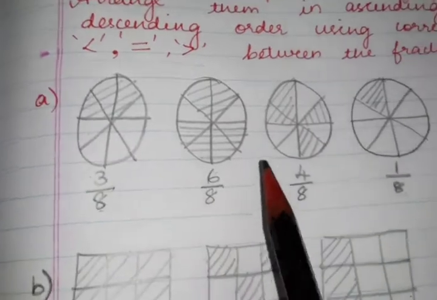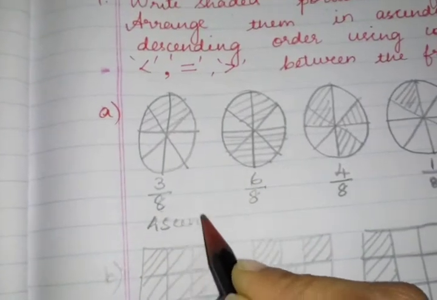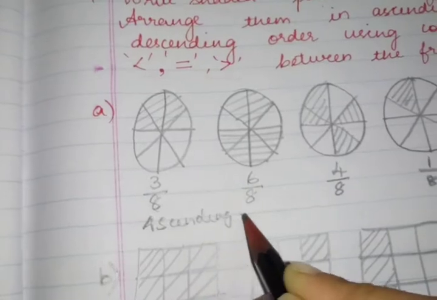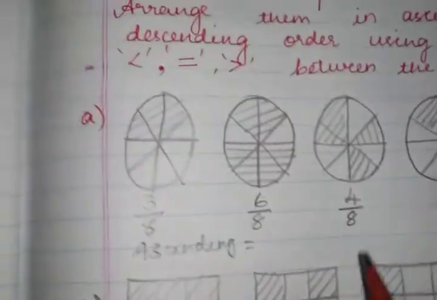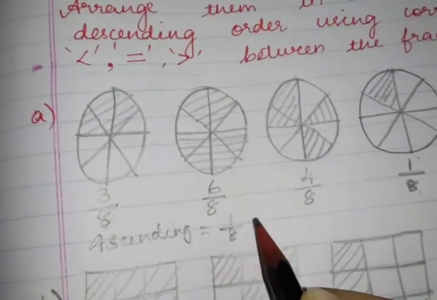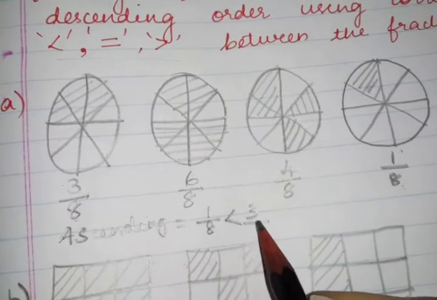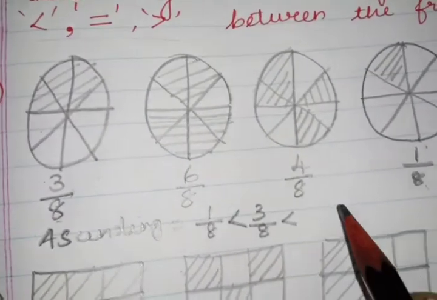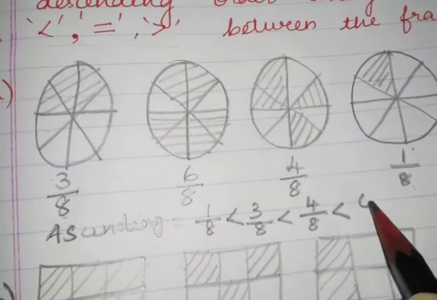Yes, the numerator alone. If it is ascending order, how will you arrange it? Smallest to biggest. In this, which is your smallest? 1. So 1 by 8 is less than 3 by 8, which is less than 4 by 8, which is less than 6 by 8.